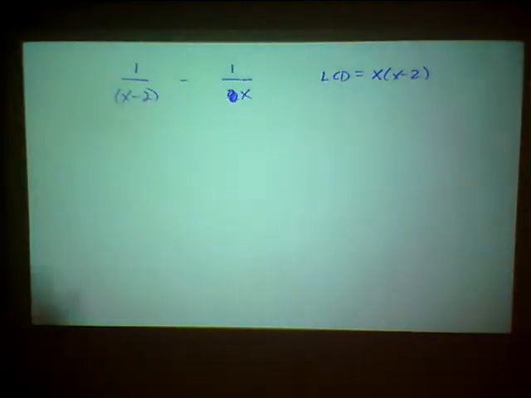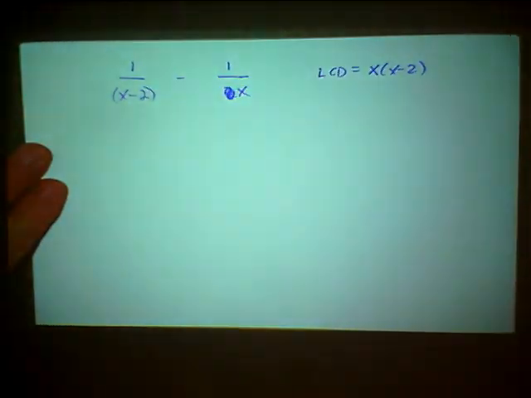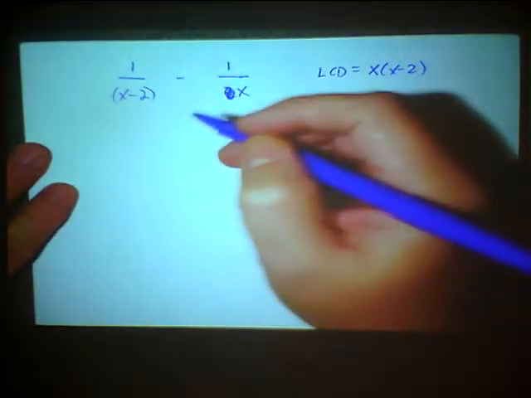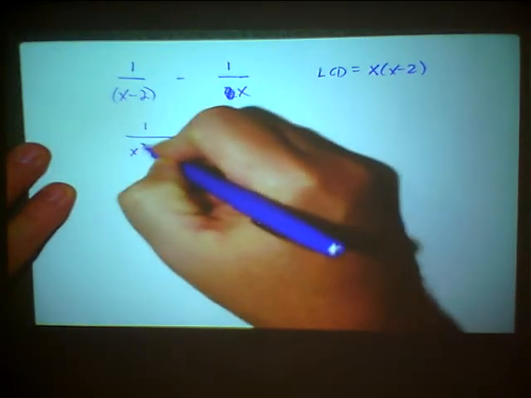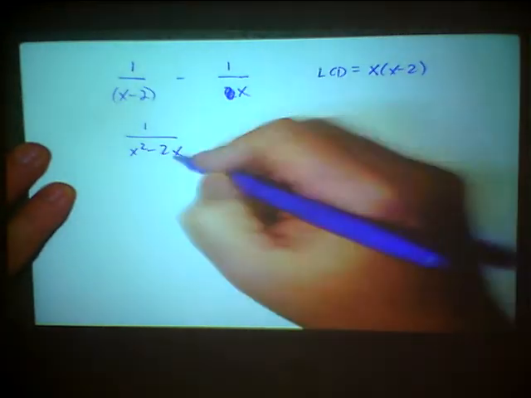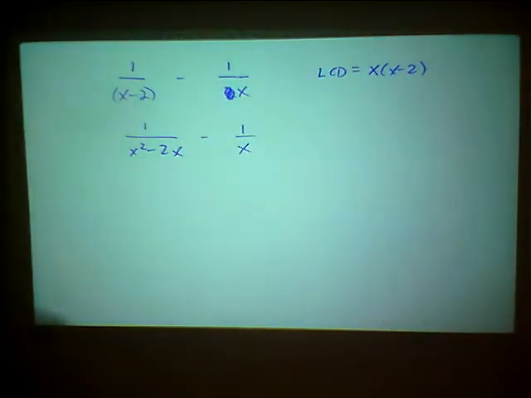How about another example? And I'm going to make it look similar to this, but just a little bit different. Well, it doesn't look the same at first, but you're going to see it's pretty similar. 1 over x squared minus 2x minus 1 over x.